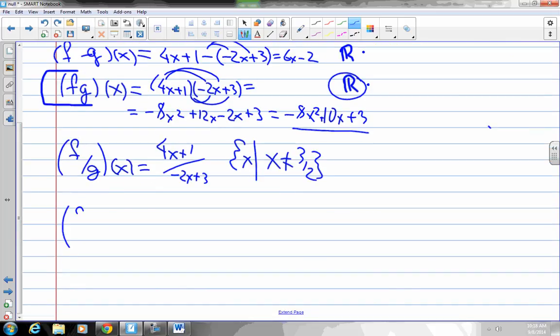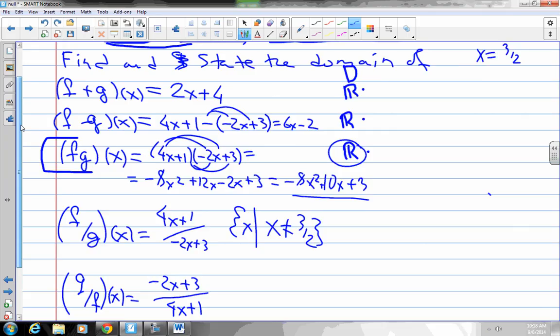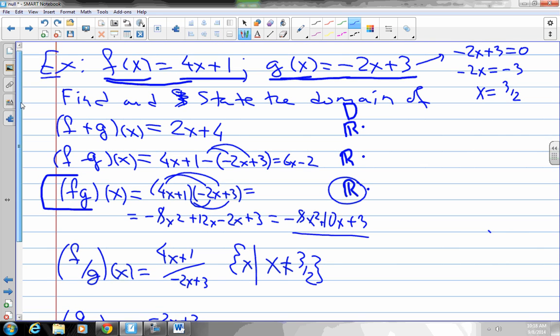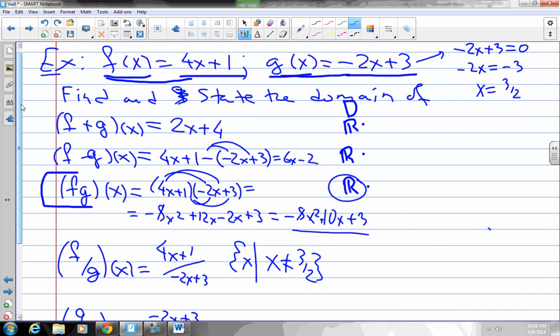If we do the opposite, g over f, that's negative 2x plus 3 over 4x plus 1. Three halves, yeah. So whatever we found here, the 3 over 2.